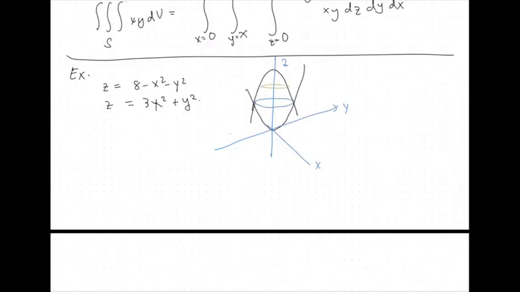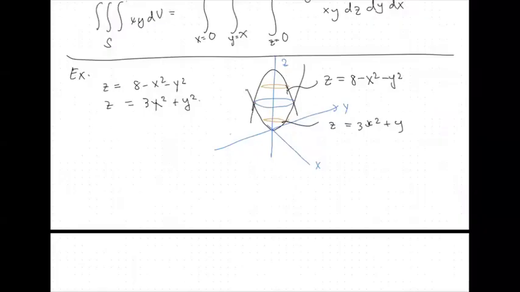The upper paraboloid has equation Z is equal to 8 minus X squared minus Y squared. The lower paraboloid has equation 3x squared plus Y squared. So this is now your Z upper. This is your Z lower. We want to find the region. What is the region?